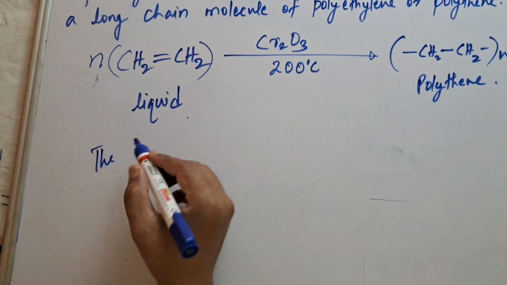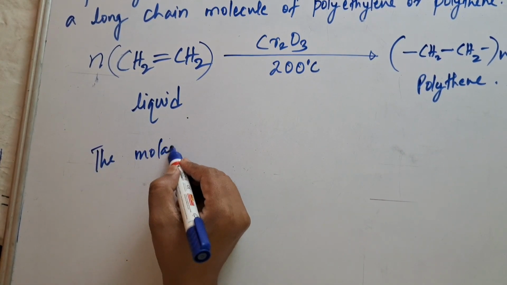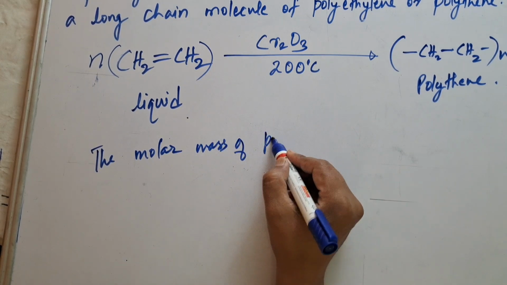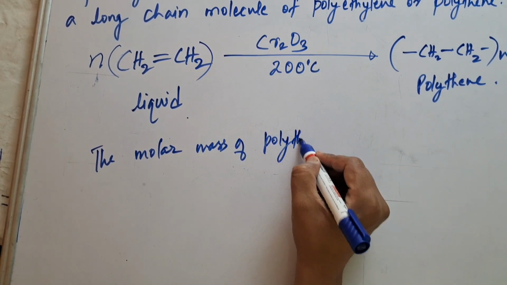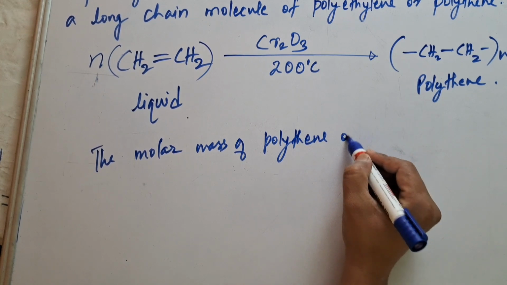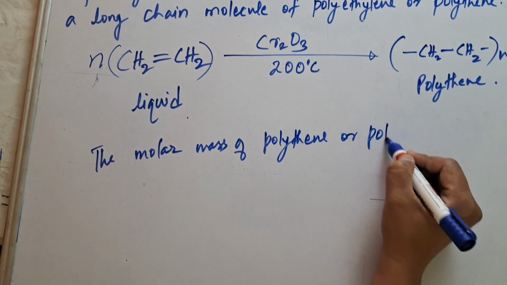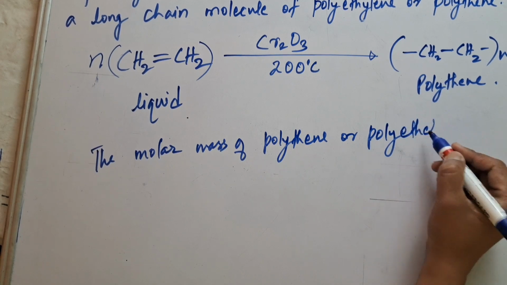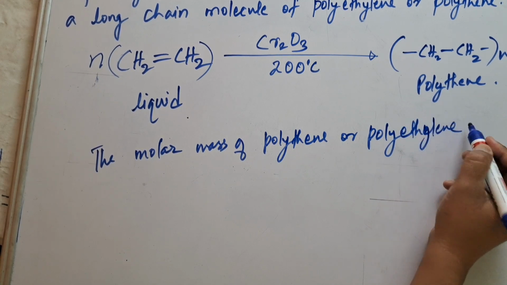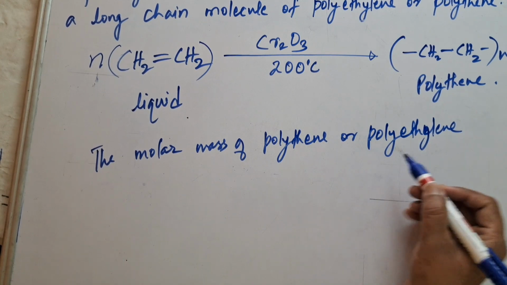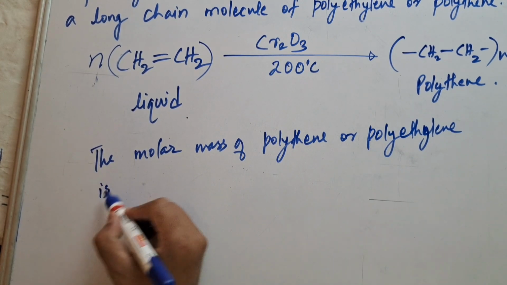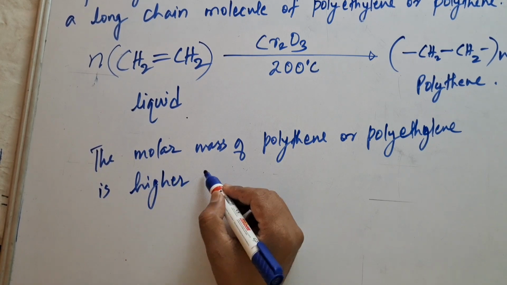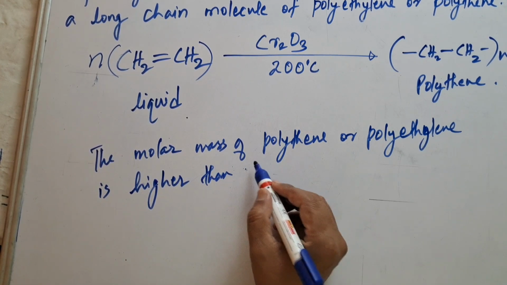The molar mass of polyethylene or polyethene, same thing, okay. Poly means many, ethylene, isn't it? The molar mass of polyethylene is higher or much more than that of ethylene.